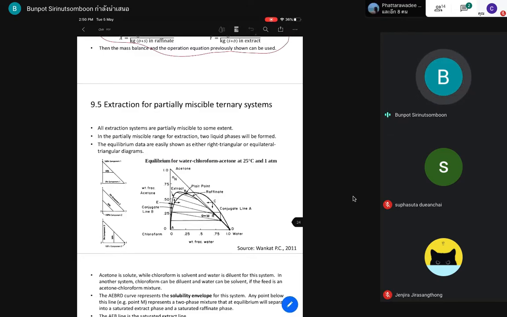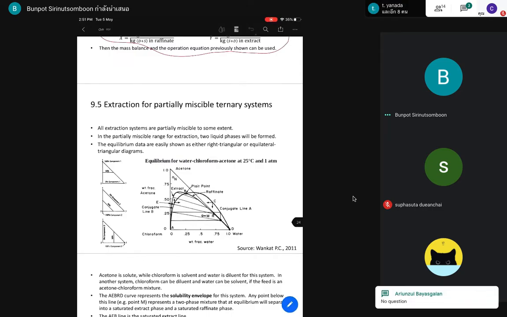Do you know how to draw the lines, like find the tie lines, conjugate lines, solubility envelope, everything? Any questions? Questions? Okay.